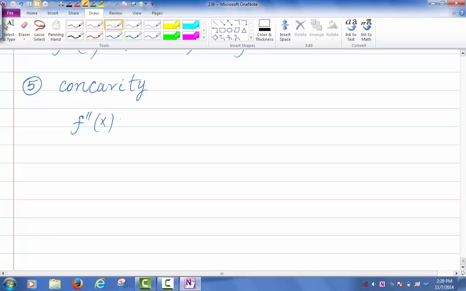The second derivative is 2x times (x squared minus 12) divided by (x squared plus 4) to the 3. And in order to come up with the concavity, what do we need? We need to come up with the values of x where the function is what?